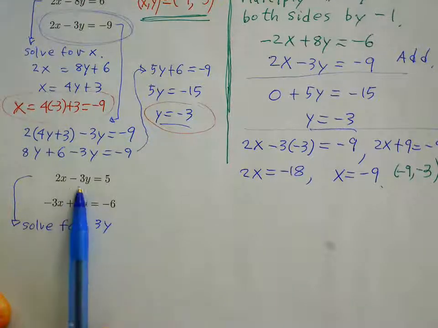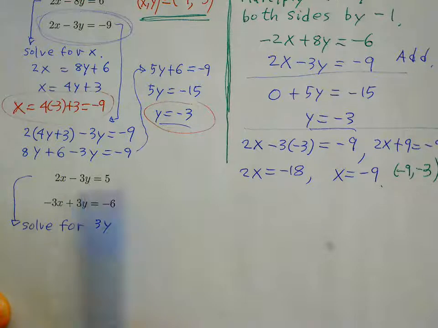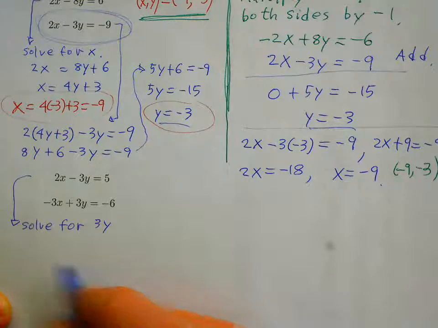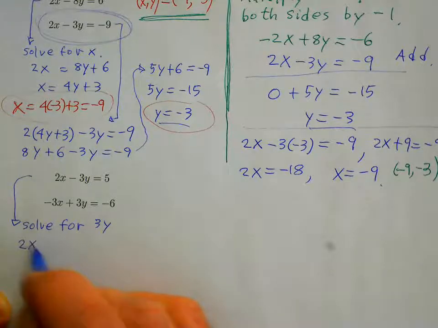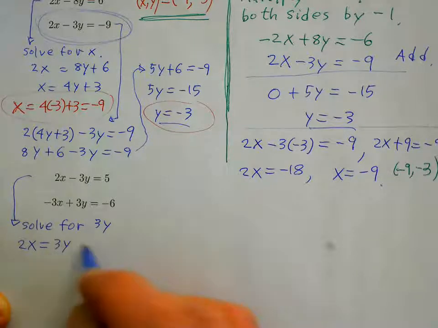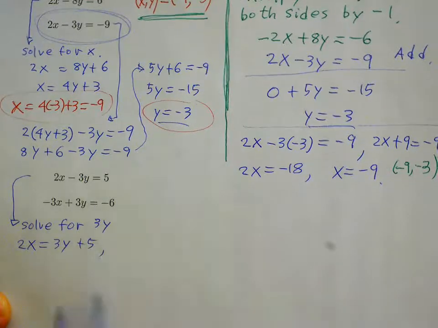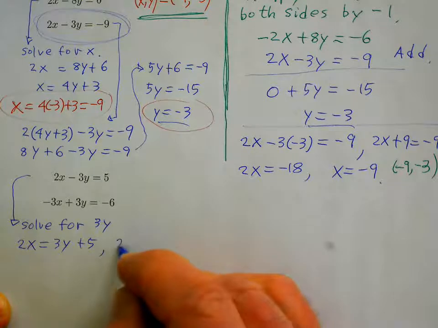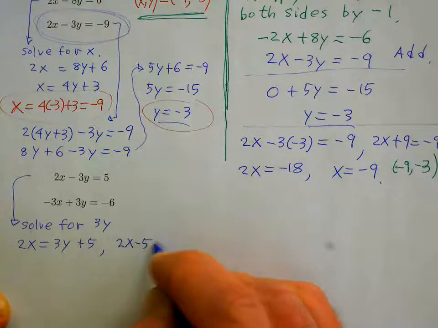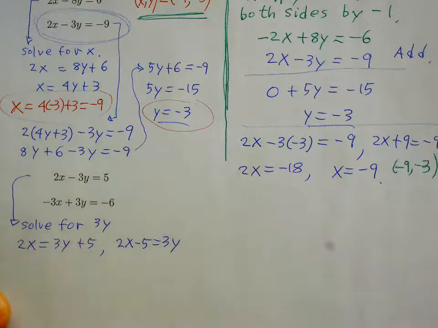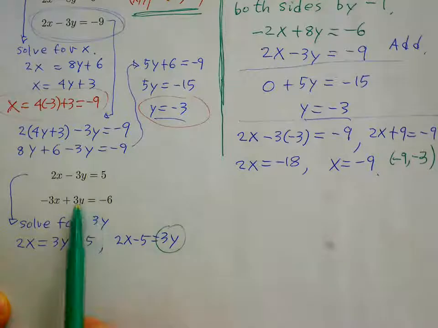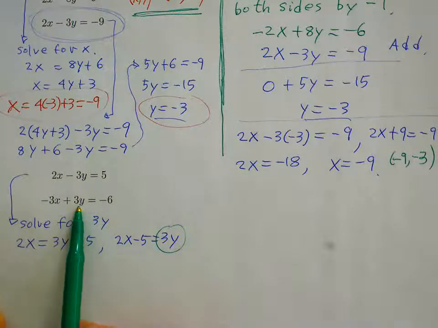So if I add 3y to both sides, I get 2x equals 3y plus 5. And then subtract 5 from both sides, I get 2x minus 5 equals 3y. So the reason that I'm just going to solve for 3y is because I see that 3y is in the other equation.